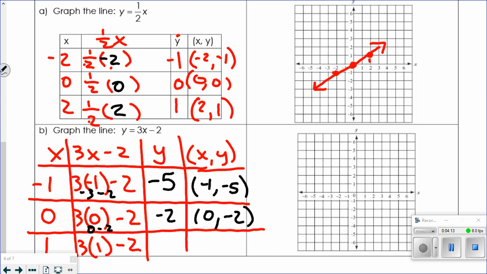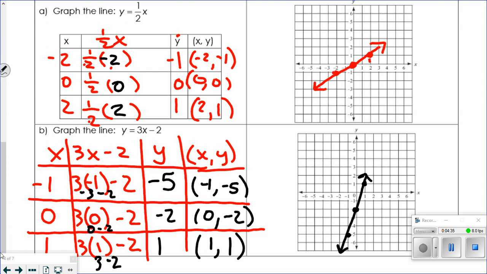So we've got 0, -2. 3 times 1 is 3. 3 minus 2 is 1. So 1, 1. Now we'll go ahead and graph. -1, -5, 0, -2, and 1, 1. Connect them, and we've got a straight line.